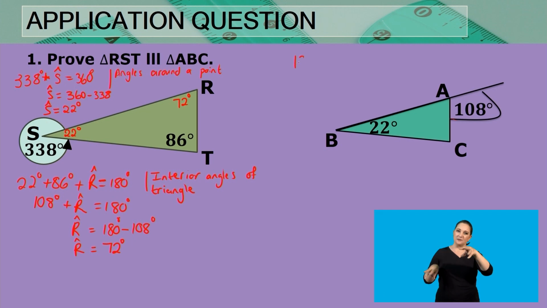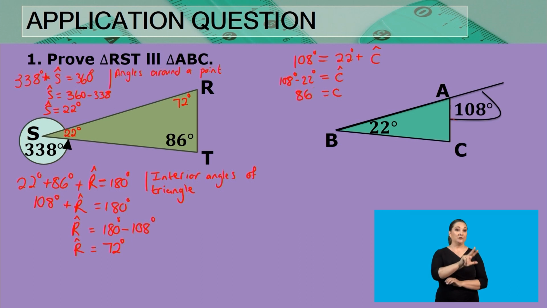So 108 degrees is equal to 22 degrees plus angle C. So angle C can be found by using the additive inverse of 22 degrees, which means that angle C is equal to 86 degrees.